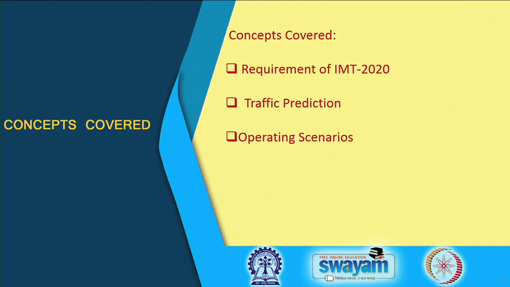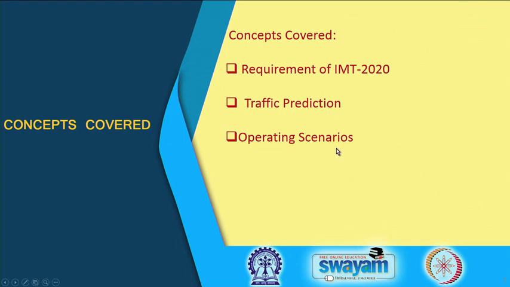So far we have discussed the previous generations, that is the second generation, the third generation, the fourth generation, that is IMT-Advanced, and now we are at the doorsteps of talking about the fifth generation, given our basic understanding of what prevails, so that we can compare and see what new things are going to come up. In this discussion, we will look at the requirements of IMT 2020, also traffic prediction and the operating scenarios.